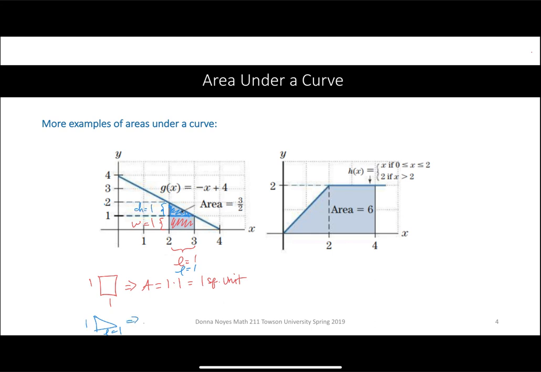So the area of a triangle is equal to 1/2 base times height. And in this case, our base is what I labeled as length. So it's 1/2 times 1 times 1, or 1/2. If we add these two together, we get 1 plus 1/2, which is 3/2 square units.